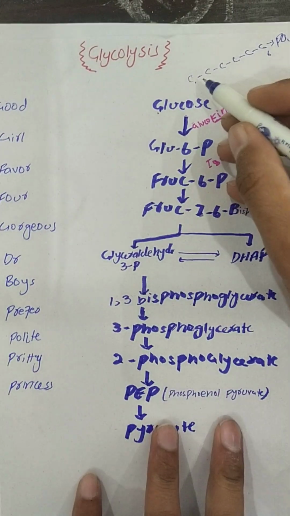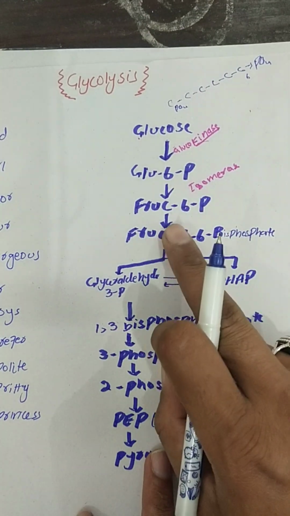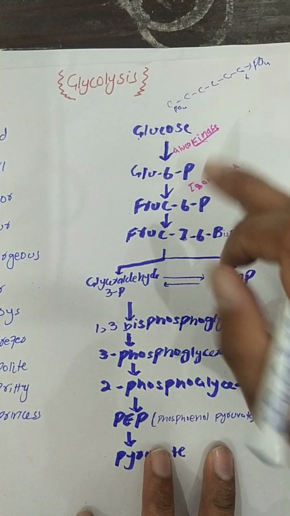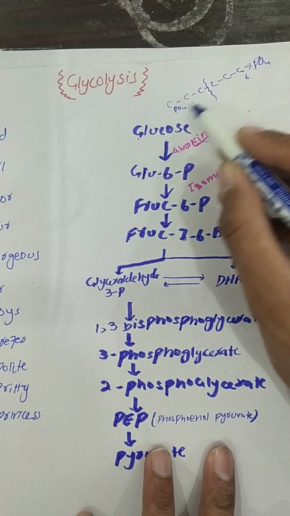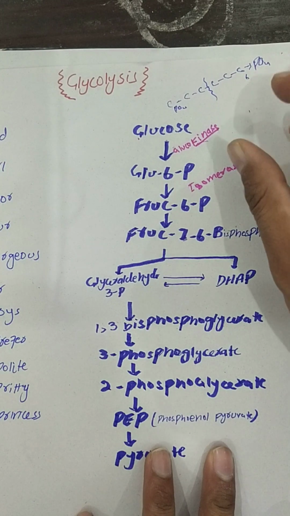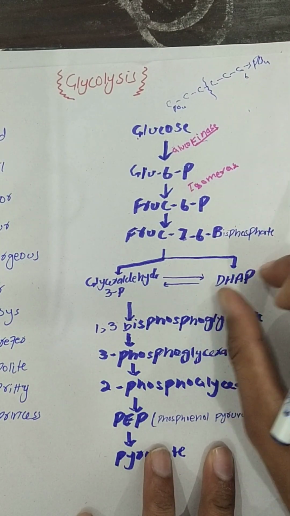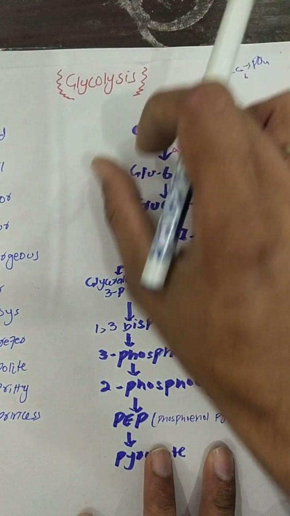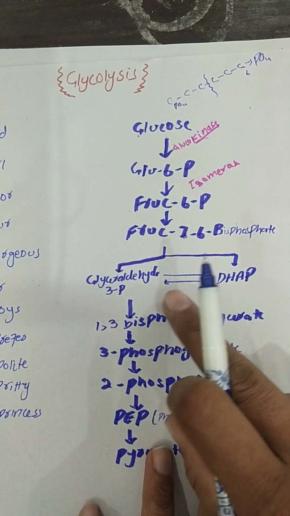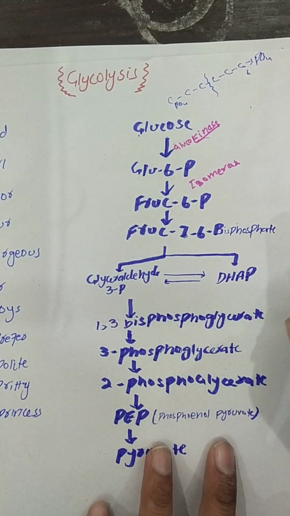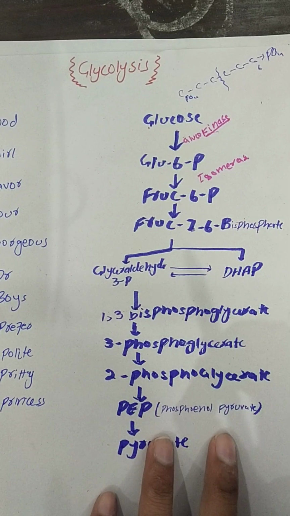Carbon number 1 also had a phosphate attached, because it is 1,6 bisphosphate. Here the cleavage is between, so 3 carbons become one part and 3 carbons become the other part. This compound is called dihydroxyacetone phosphate, and this is called glyceraldehyde 3 phosphate. Both have the same formula, so they can be interconverted into each other.